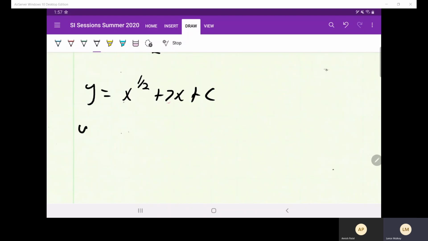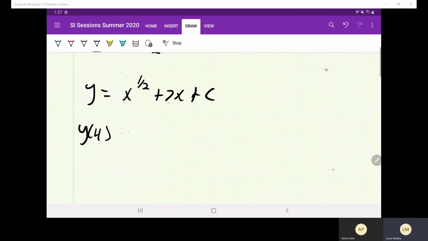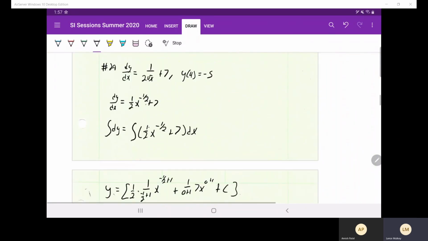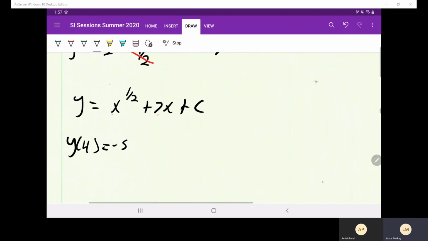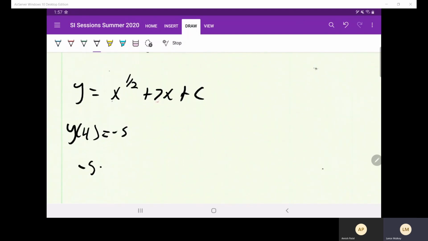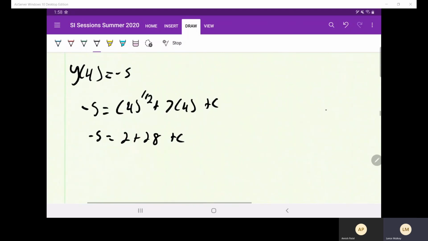And now we know that y of 4 equals -5. So -5 equals 4 to the 1/2 plus 7 times 4 plus c. Now we only have one unknown, so we can solve for c. So -5 equals 2 plus 28 plus c.